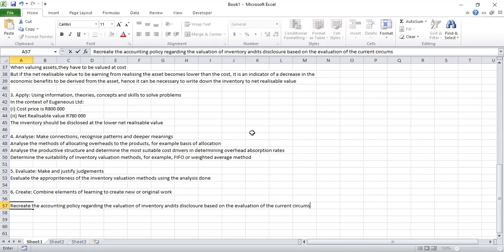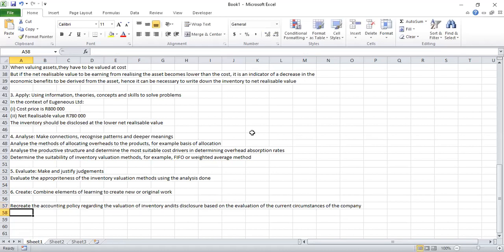Things have evolved. Maybe the weighted average method was appropriate then, but from your evaluation, you have seen that circumstances have changed. It's no longer necessary to use the weighted average method. Then let's shift to the first in, first out from your evaluation there.